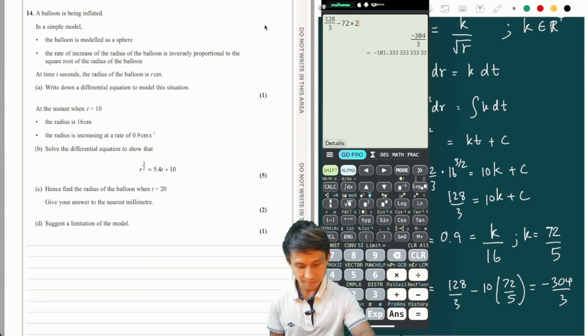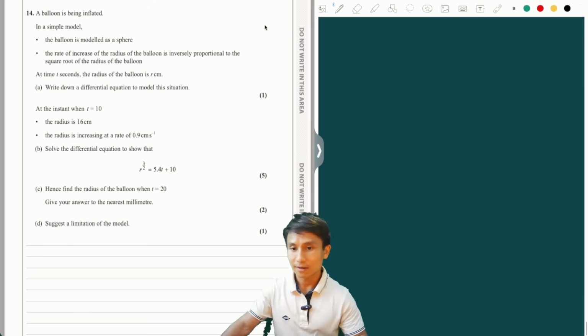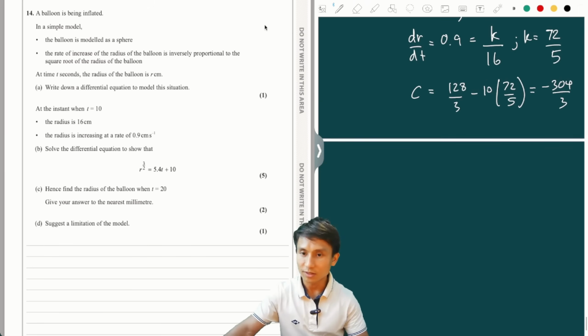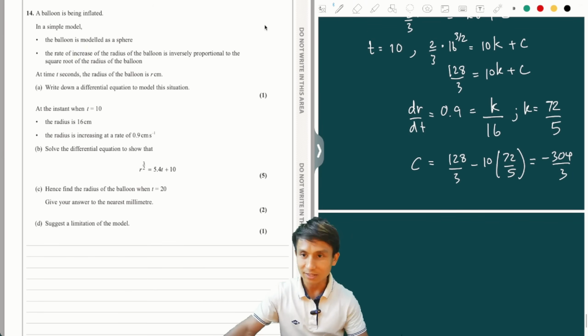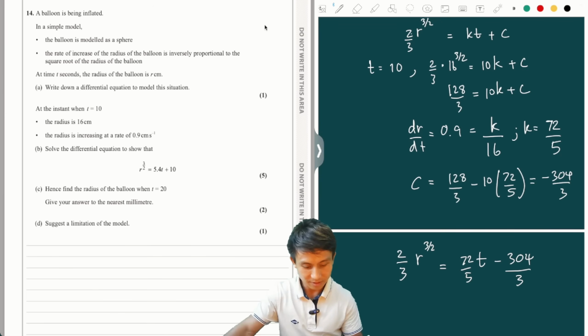Interesting. That is the value of c. So we need to show. Okay. So we got c, we got k. So it's then 2 over 3 r to the power of 3 halves equals k, 72 over 5 t plus c there.